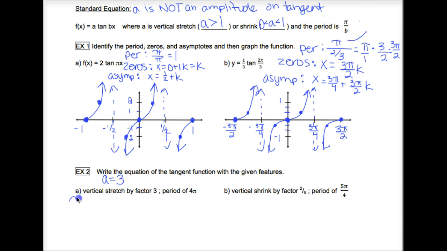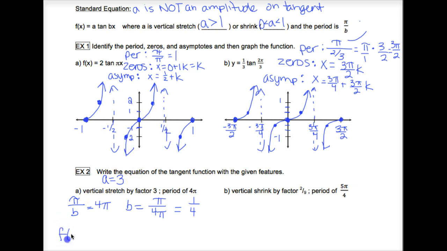So I'm going to say pi over B equals the period, which is 4 pi. So to solve for B, I can switch the location of B and the 4 pi. So I know B equals pi divided by 4 pi. The pi's cancel out then, which means B is 1/4.